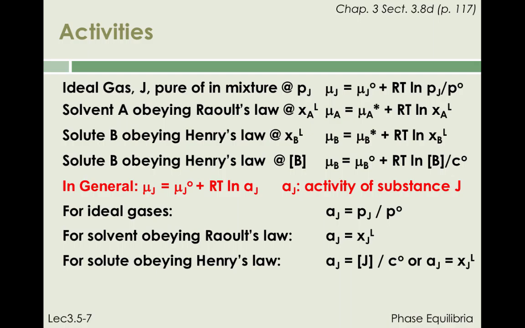We can even extend this generic representation to pure liquids and pure solids by assigning them an activity equal to 1. Indeed, the chemical potential of a pure liquid or a pure solid must be equal to the standard chemical potential. If their activity is equal to 1, the natural log of their activity is equal to 0 and their chemical potential is equal to their standard chemical potential.